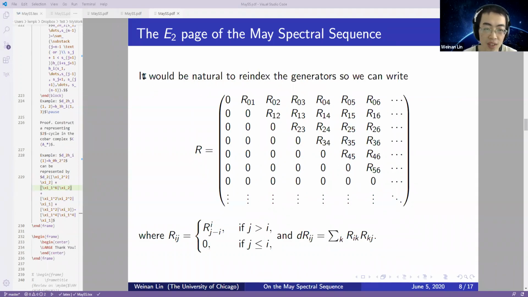In my paper, I prefer to index R this way, using the usual index we use for matrices: R_ij is in the i-th row and j-th column. That's how you define it. And now the differential becomes nice. It's exactly the matrix multiplication. Very easy to remember, right?